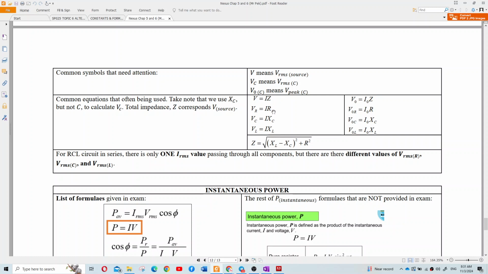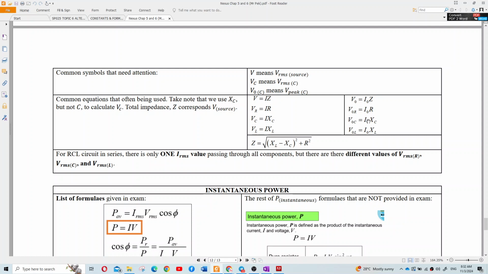Resistance has resistor R, so the capacitor also has its own resistance, which we call XC, and the inductor also has its own resistance, which we call XL. So we have Ohm's law: V equals IR. VR is IR, VC is IXC, VL is IXL.